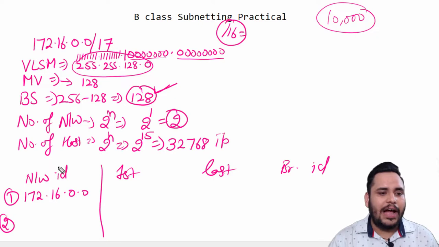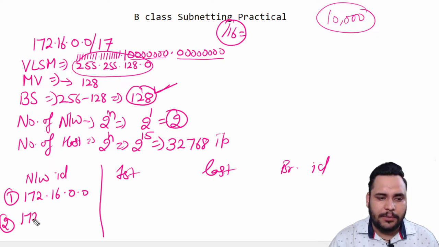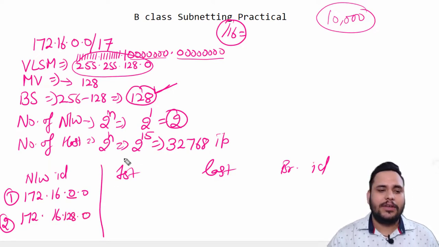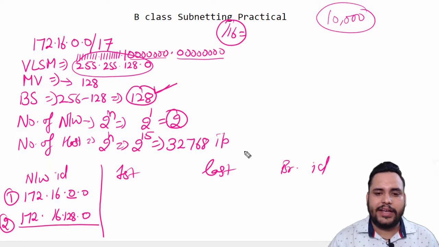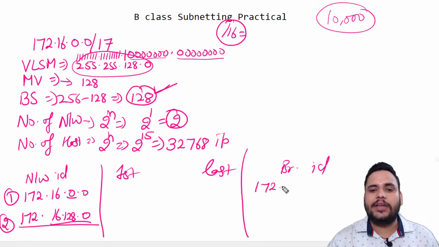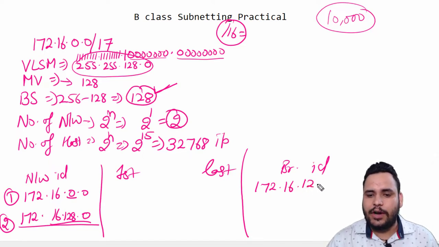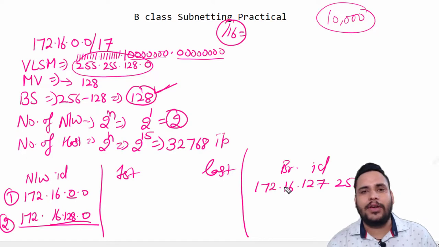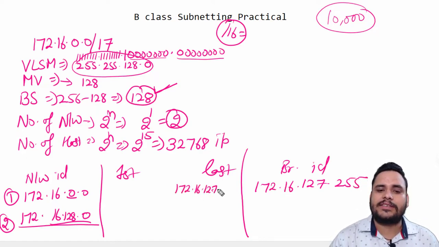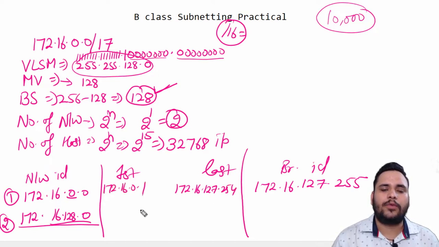So I will check my block size value. My first block starts from 0, and my next block starts from 128. So you can easily check. If this is your second network, then the broadcast ID for the first network is 127.255, because this is the previous IP of this. The last IP is 172.16.127.254 and the first IP is 0.1.